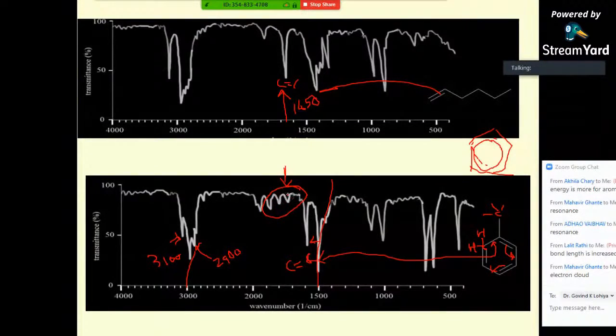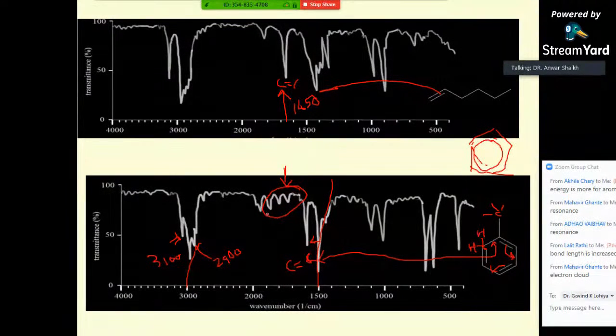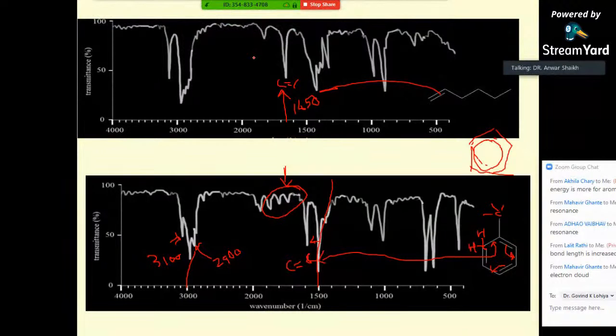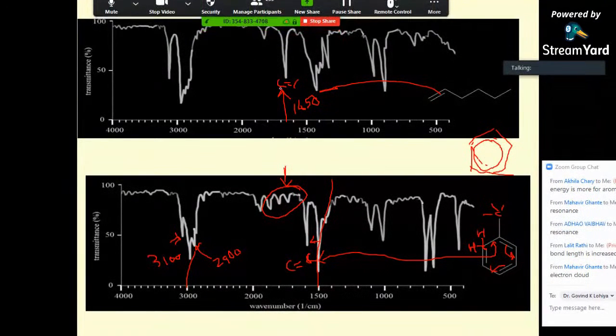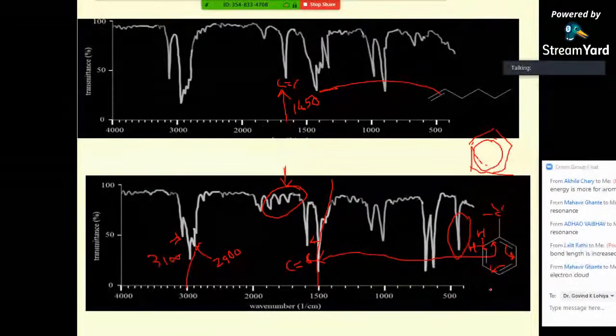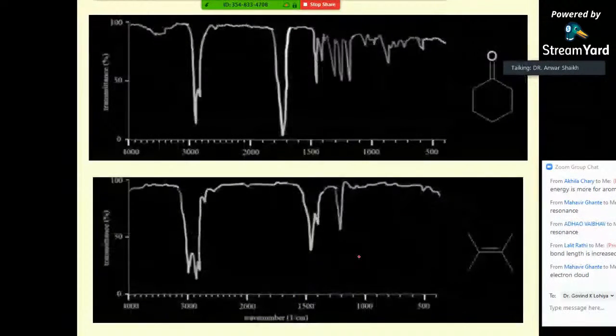It is very specific for the aromatic nucleus, and you will not find this pattern in the above aliphatic case. That is the difference between these two. Another peak is due to the CC bending, which is also characteristic in the fingerprint region of aromatic compounds. So you can find the difference between aliphatic and aromatic compounds.